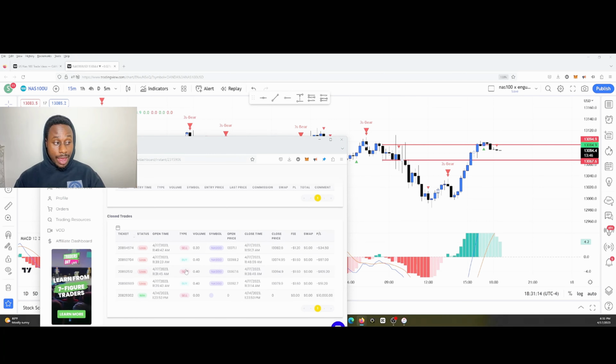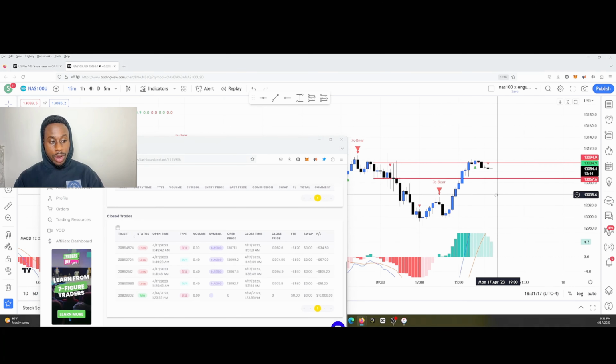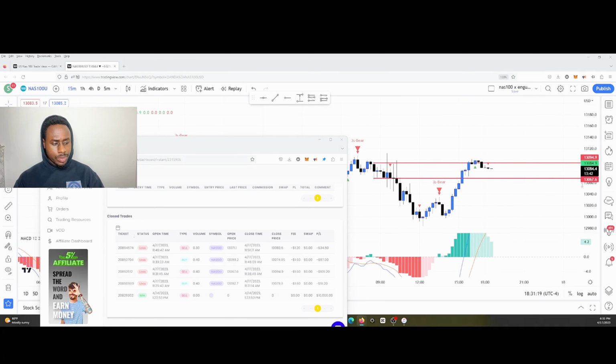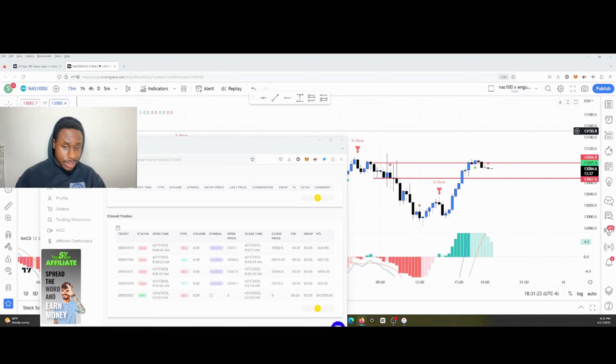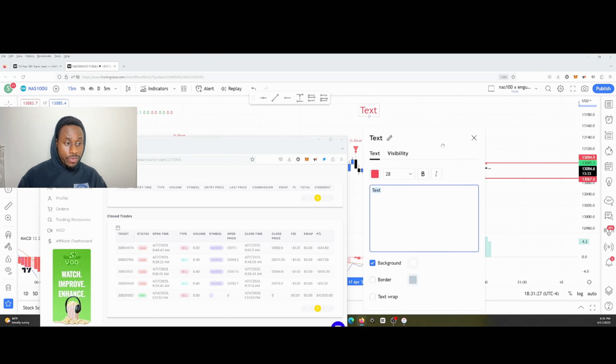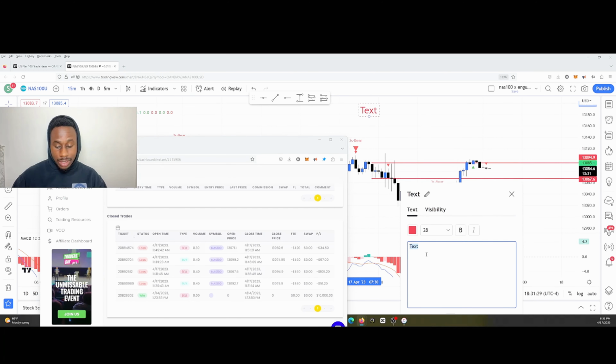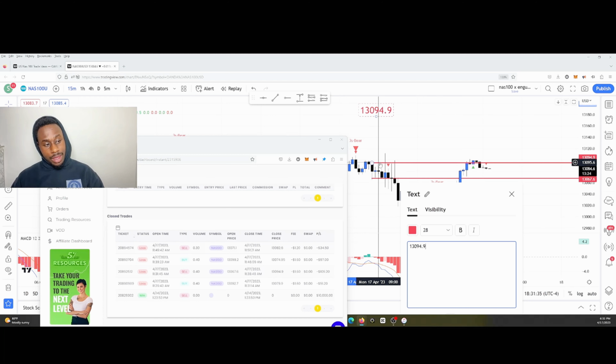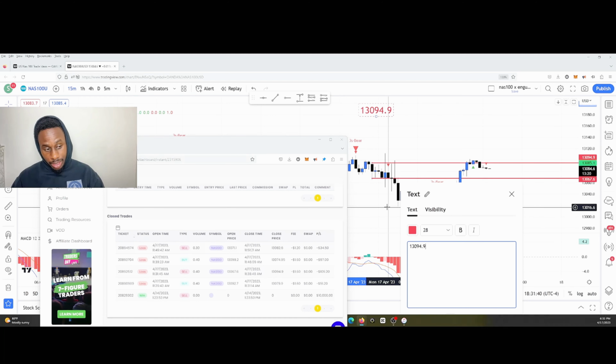That's what I wanted to explain as well. Let me actually write it here and we can do the math together. Hopefully somebody actually watches this and sees what I'm talking about. So at 13,094.9, you can see that's where I had my stop loss, right? I entered here to the downside, but this is where my max risk was.